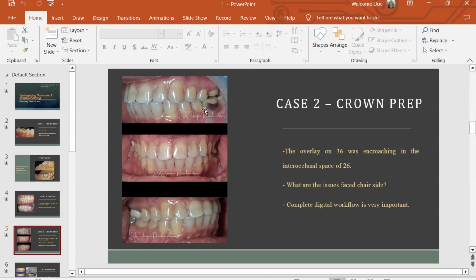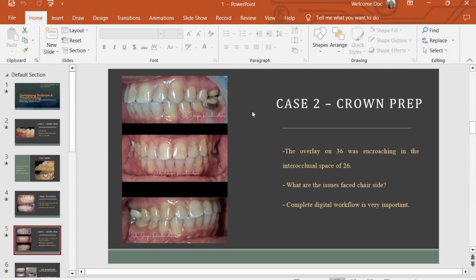So this was one of the things that this patient also pointed out to me. And he said that even after spending so much for a zirconia partial, my tooth is still discolored, and I don't want that in my upper. So I want a proper cap this time, and I do not want to go in for an overlay.